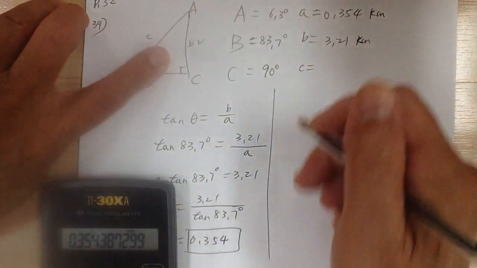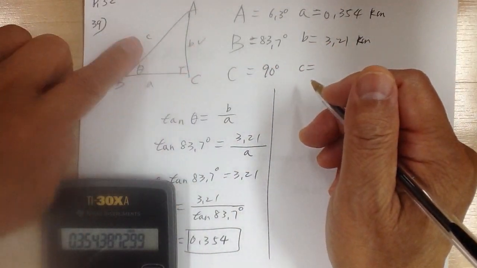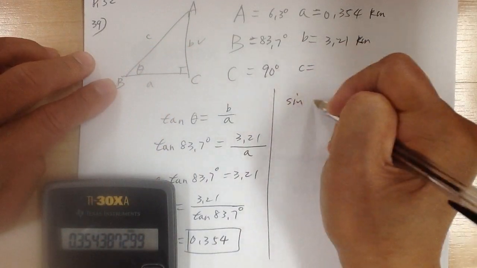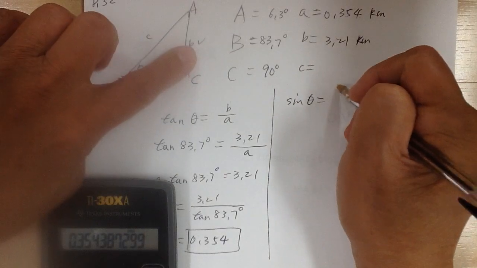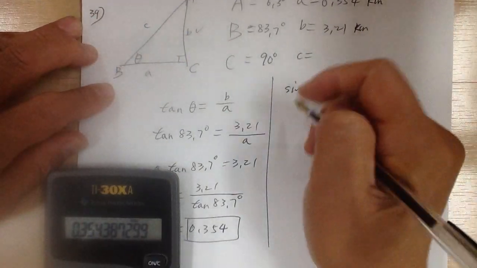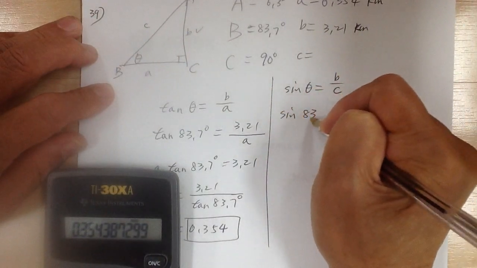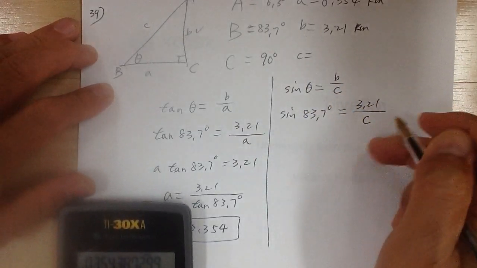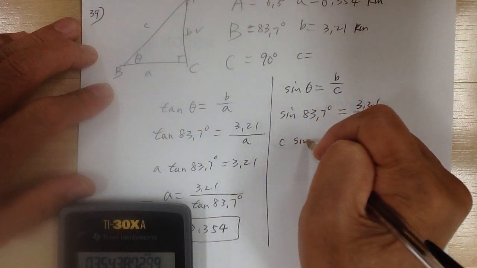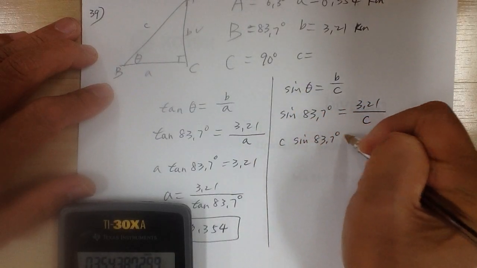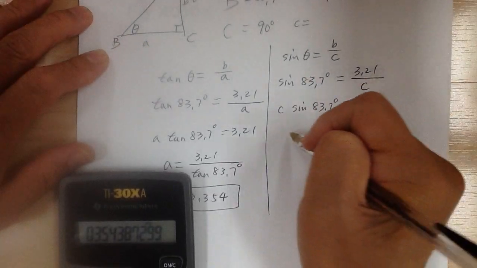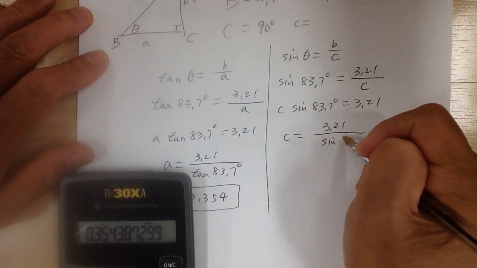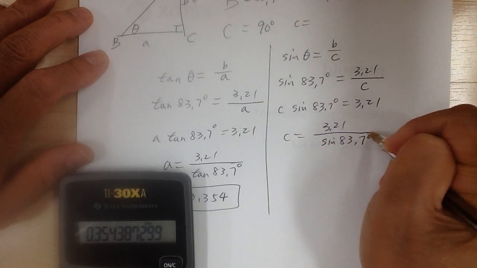To find C, I know this, and I'm looking for this. So the relationship between them is sine. Sine theta equals B over C. Substitute, so sine of 83.7 degrees equals 3.21 over C. Again, cross multiply, and then divide, so C equals 3.21 over sine of 83.7 degrees.